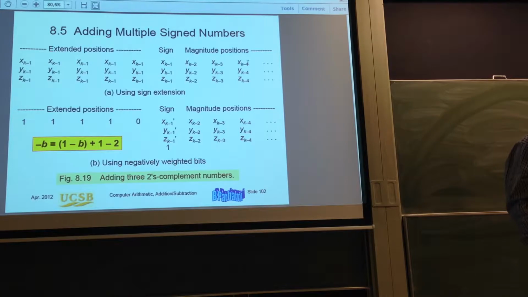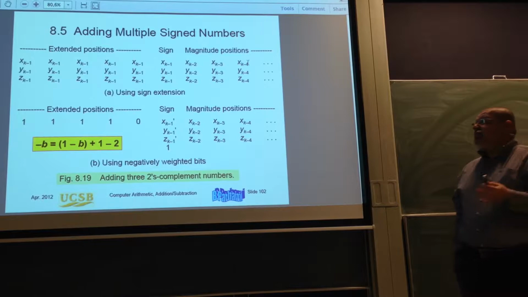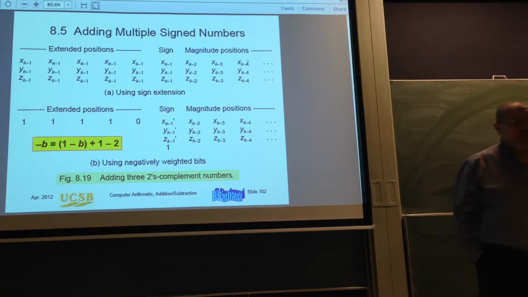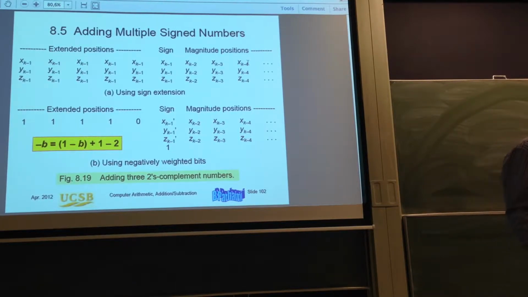If I'm doing sign magnitude calculations, the sign is a different story than the magnitude. But when I'm doing 2's complement, which we most of the time do, I have to do something with that sign in order to align and do calculations between numbers with the same kind of weight.